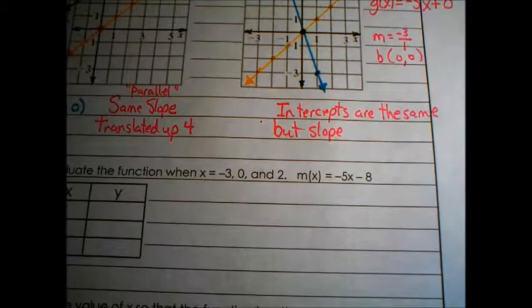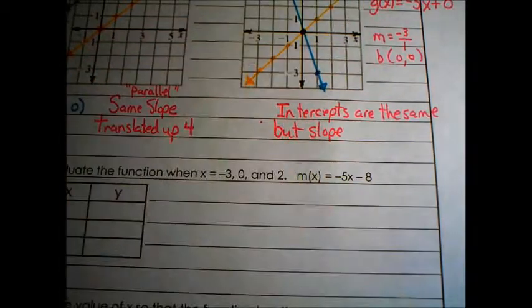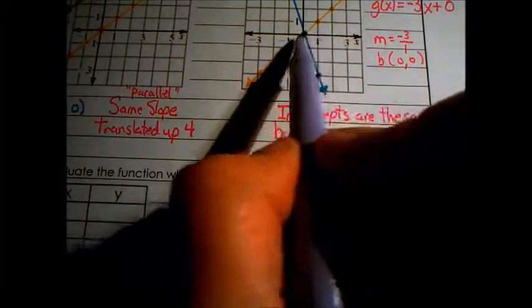If I'm looking at this graph, the mirror image of the parent graph, let me make it purple. What I mean by mirror image is if I flip the parent graph over to this side, instead of 1, 1, it would be negative 1, 1, negative 2, 2, negative 3, 3, and it'd be going in this fashion.